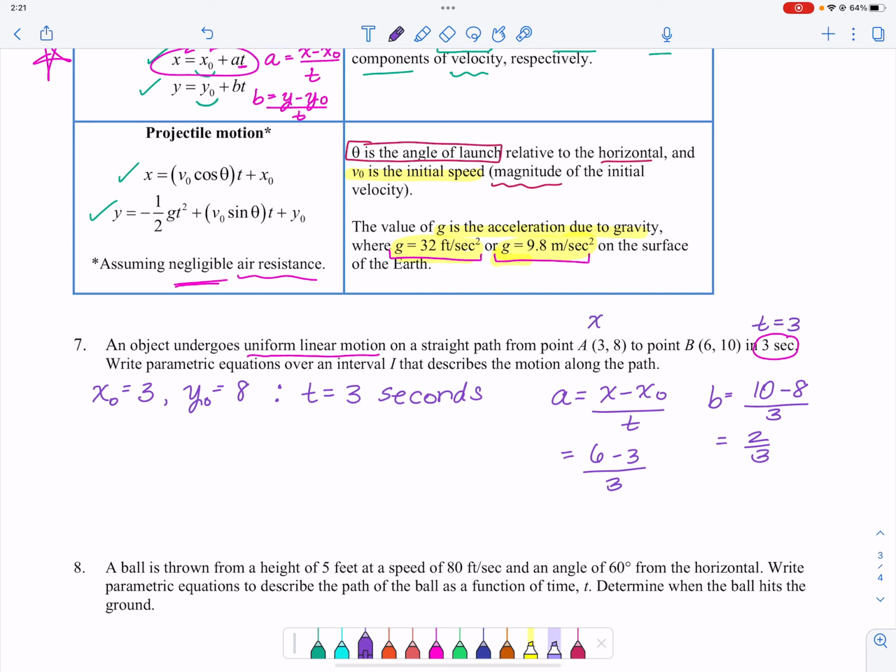This is x sub 0, y sub 0. And you could call this xy, that point B. Okay, I'll do that here. We have y minus y sub 0 over t, and that's 10 minus 8 divided by 3, and we come up with 2/3.